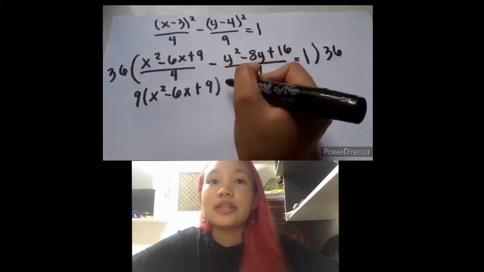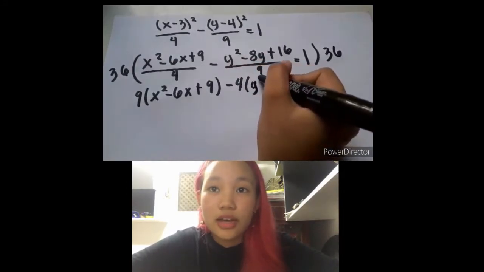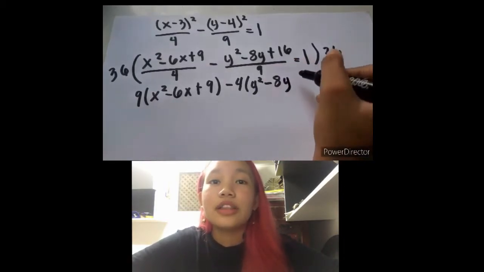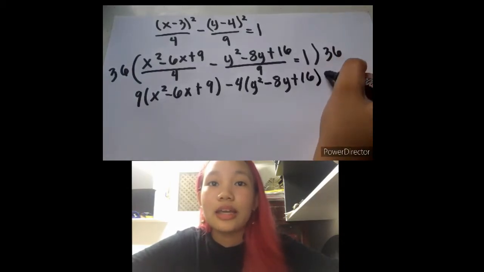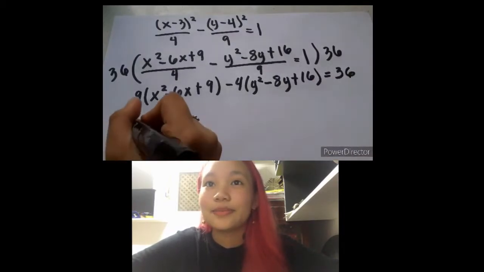Since this is divided by 9, 36 over 9 gives us 4. Therefore, this becomes 4 times (y squared minus 8y plus 16) equals 36 times 1, that is 36.